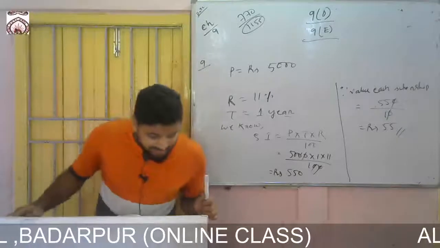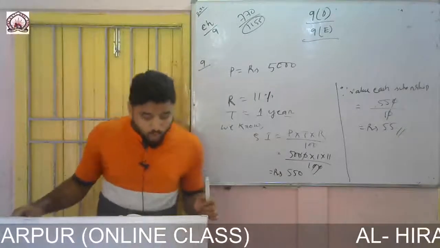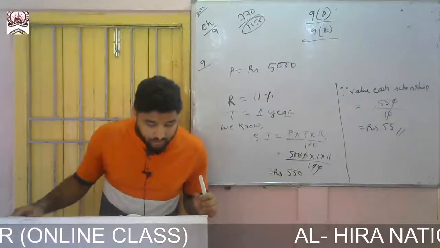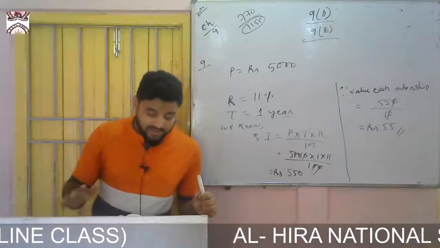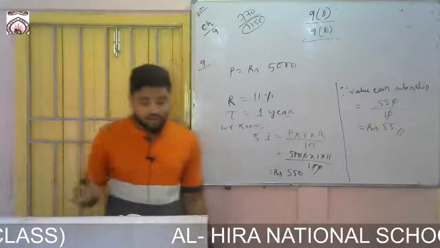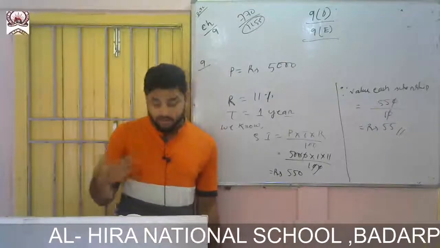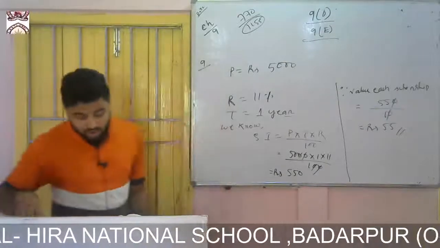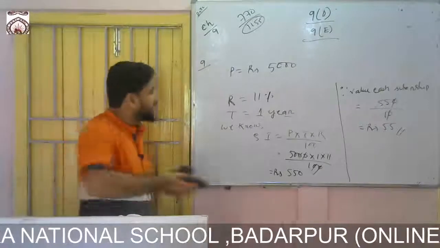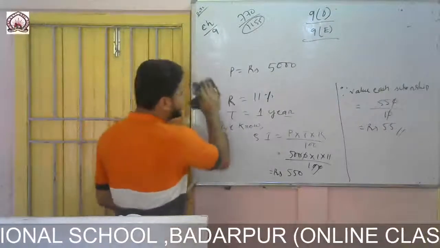Now come to question number 10. In how many years will rupees 150 double itself at 4% simple interest? Rupees 150 will double at 4% simple interest. So question number 10.